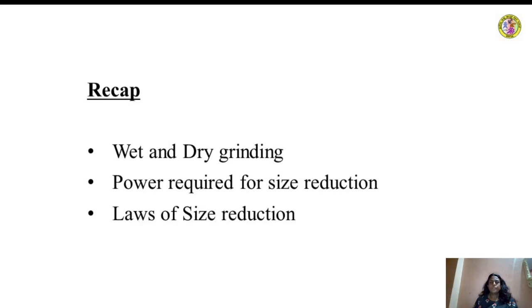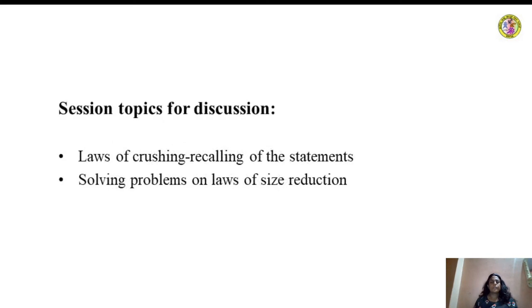Before we go into that discussion, let us have a small self-assessment test to refresh what we have learned in the previous sessions. These are the topics I am taking up in today's class. One is recalling all the laws of size reduction to know their statements, because the statements are important to solve the problems on the power required for size reduction.